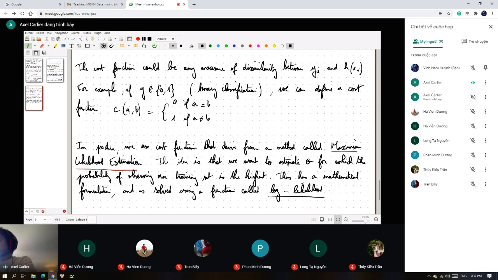Okay, and this maximum likelihood estimation, that's the name of the method. To solve it, usually you go through a representation of the likelihood that is called the log likelihood, which has good properties for convergence. And what is really important in all I said is that usually there is a logarithm that appears here, and the logarithm you will find in the cost function that I will introduce to you, which is called the cross entropy.